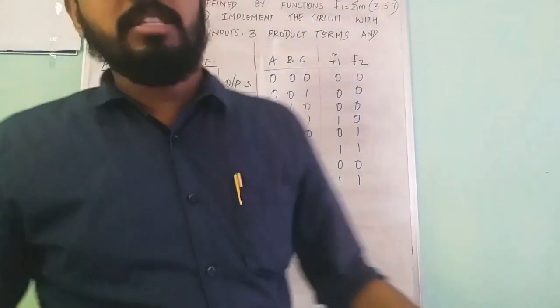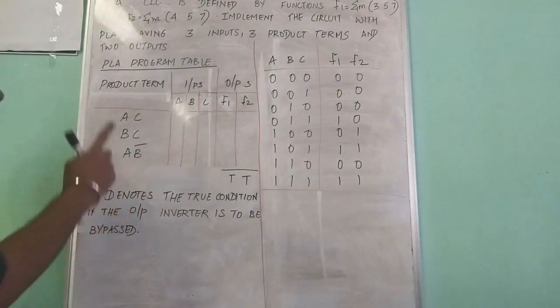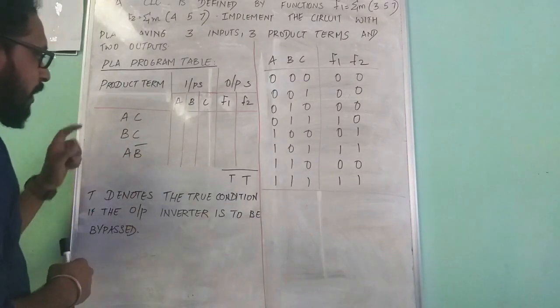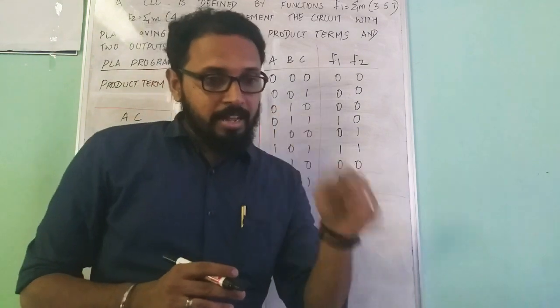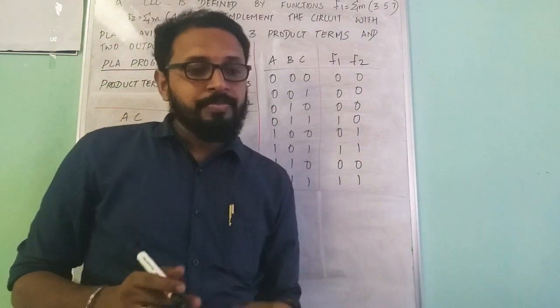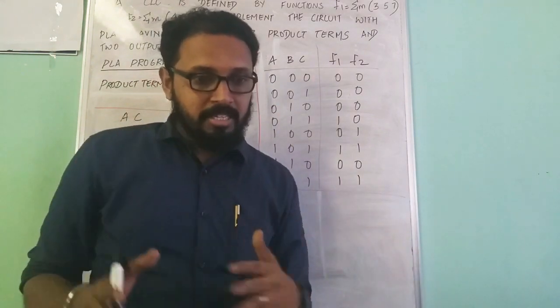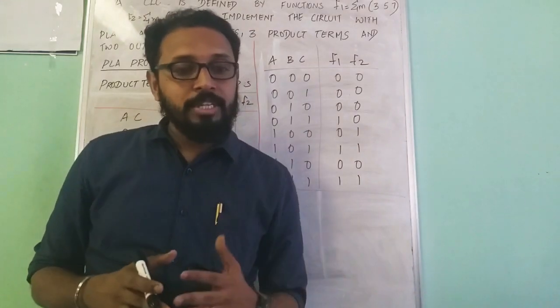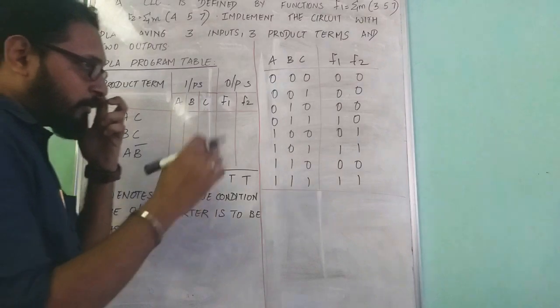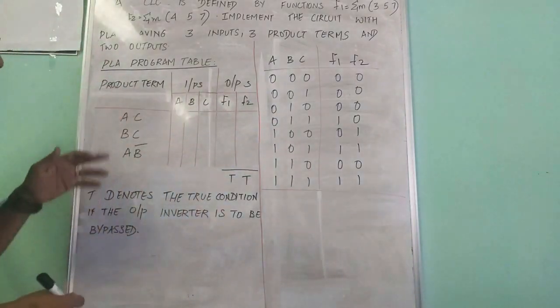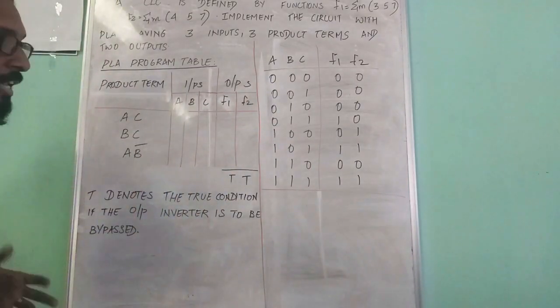So AC was the term that was repeating, so I have written that case only once. And BC was there, A, B bar was there. Based on that, we need to find the product terms in that particular set. So we have AC, BC and A, B bar.